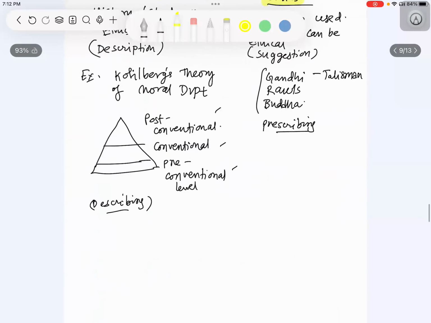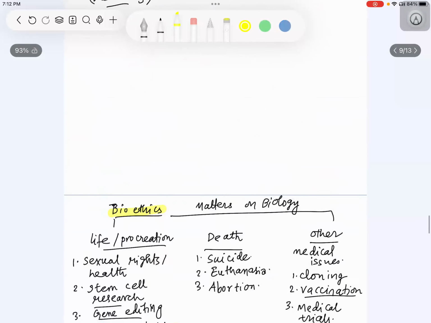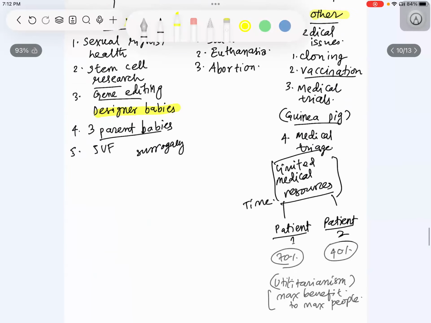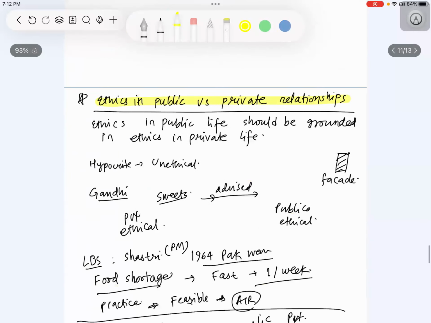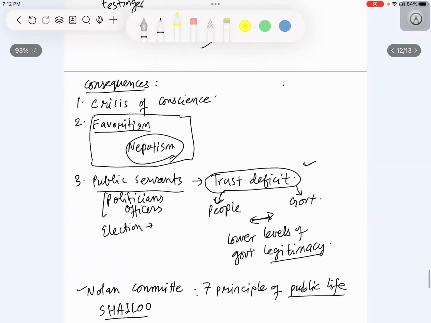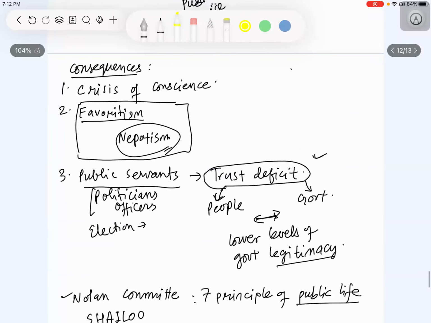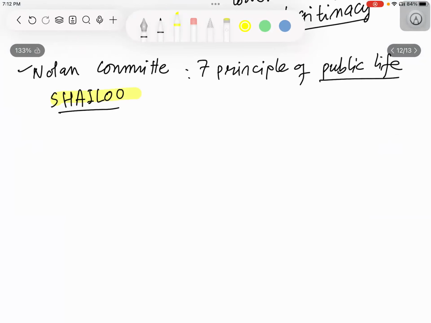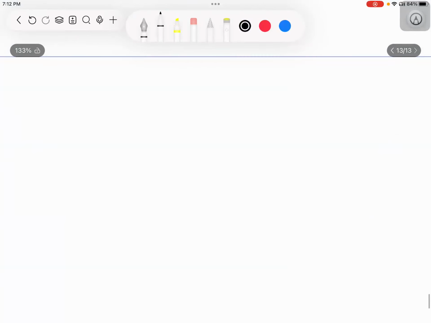Anyone please give me some feedback. Yes, sir. Okay. So next we will go on to the next part, which is values.